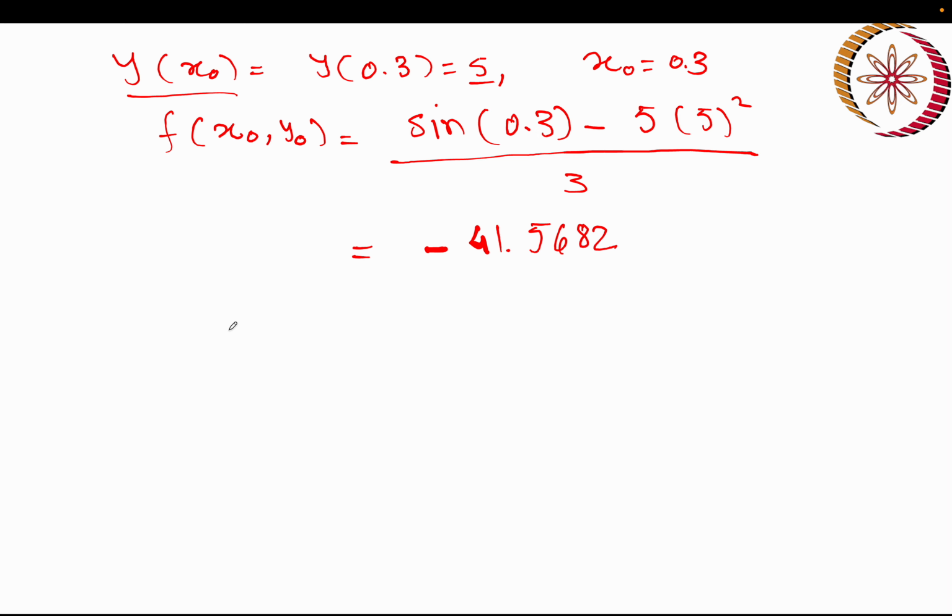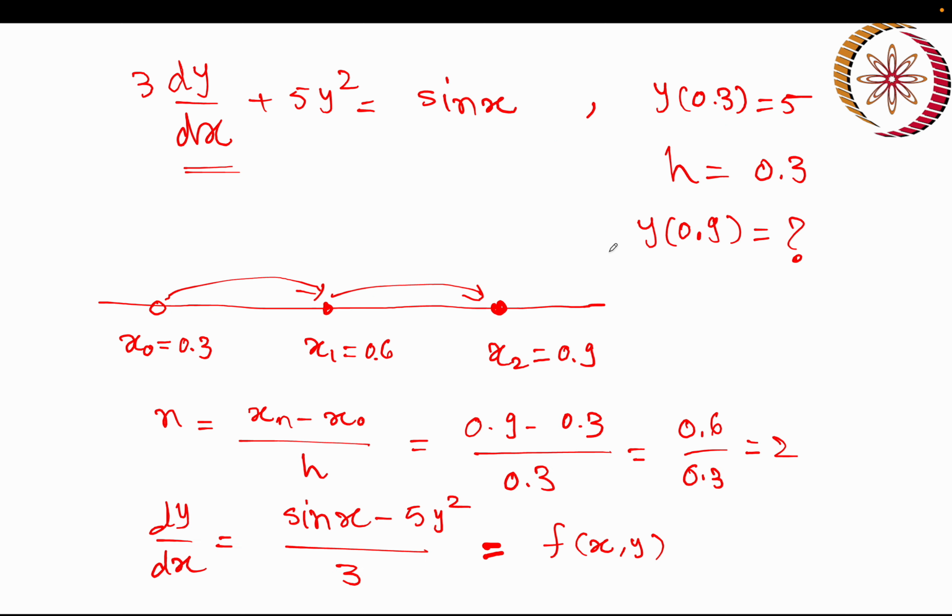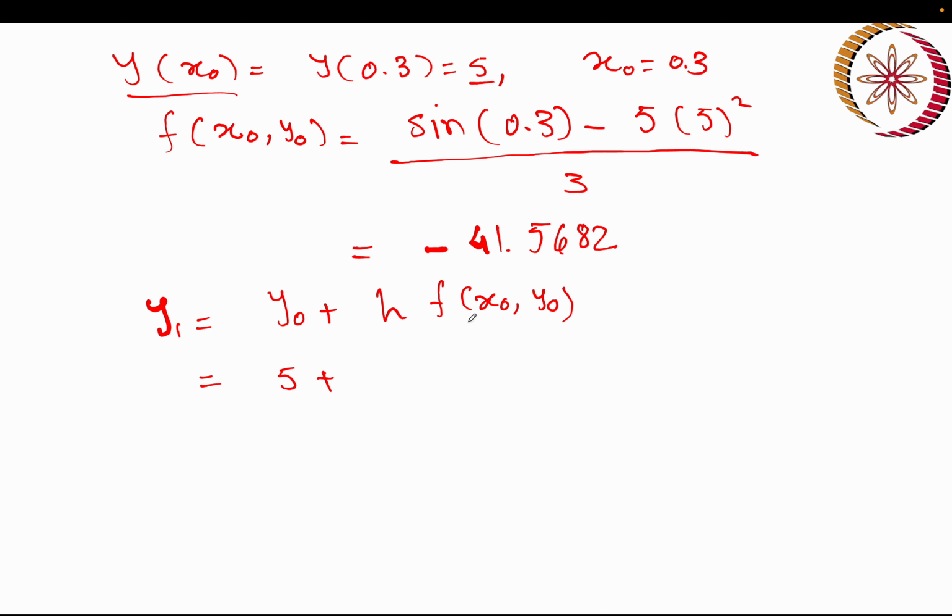And y1 is equal to y0 plus h into f of x0, y0. So y0 is 5, h is 0.3, which is already given.